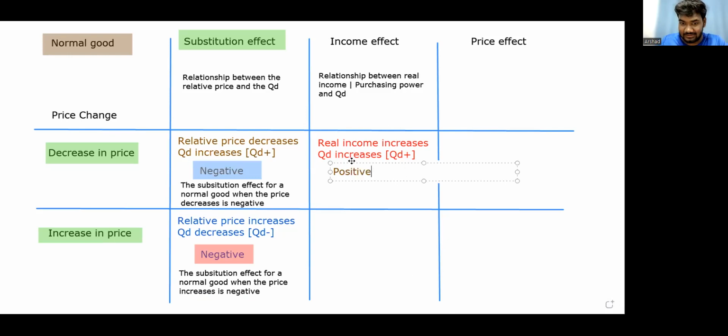Is that clear? So how can I interpret this? I can say the income effect for a normal good when the price decreases is positive. Is that okay?